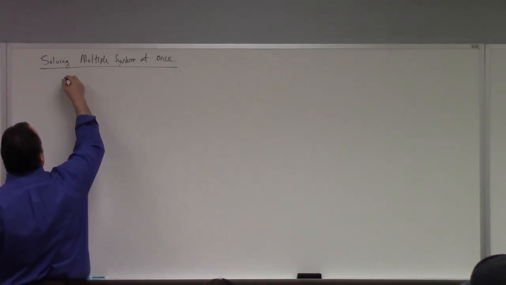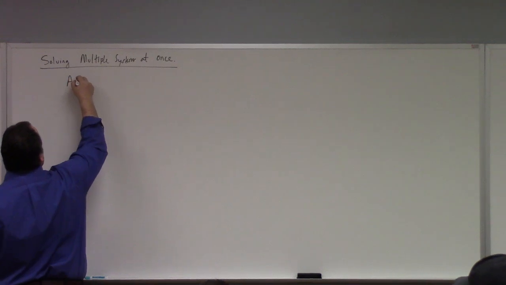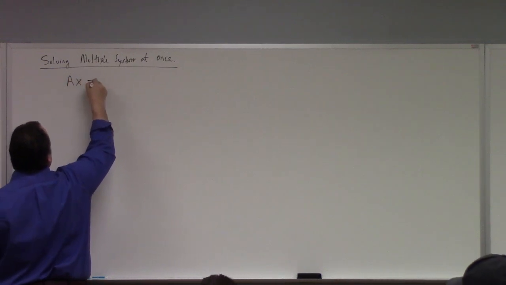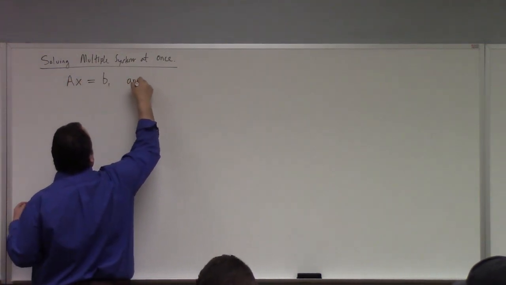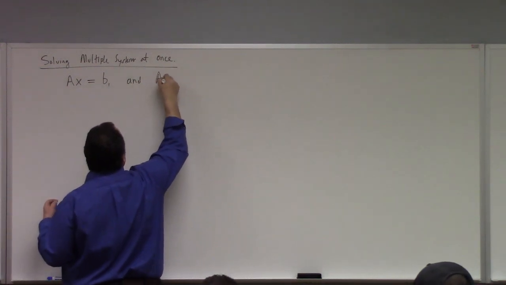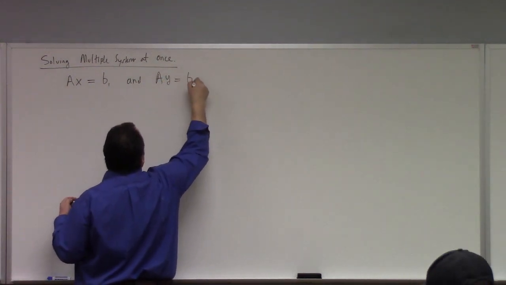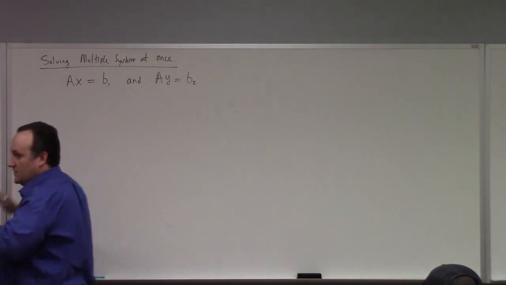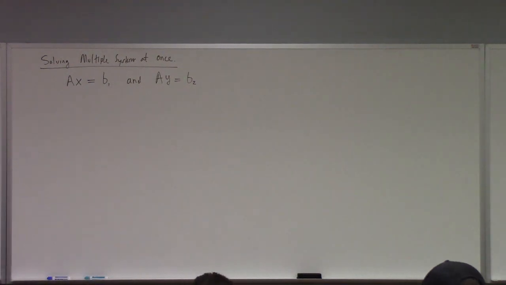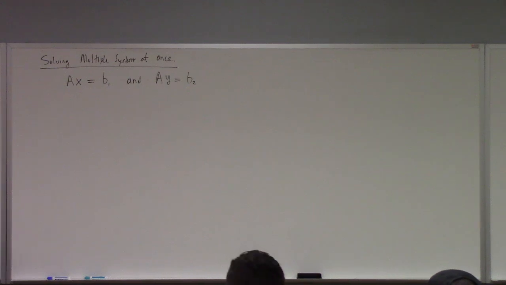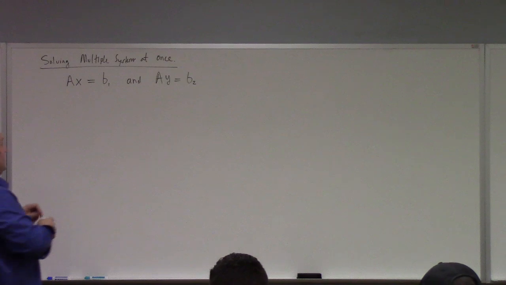So check this out. If I have A, I'm trying to solve AX equals B1. And I'm also trying to solve, say, AY equals B2. Suppose I'm trying to solve both of these systems at the same time, but they've got the same coefficient matrix. So what would you do?